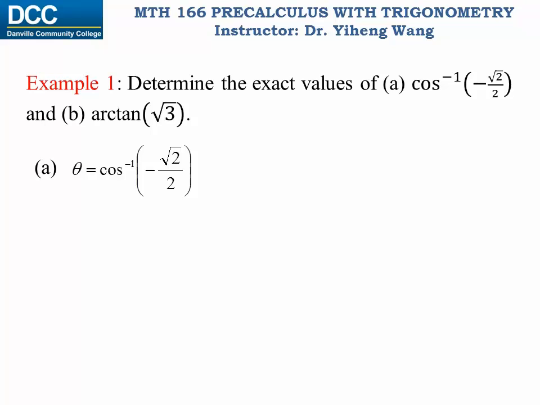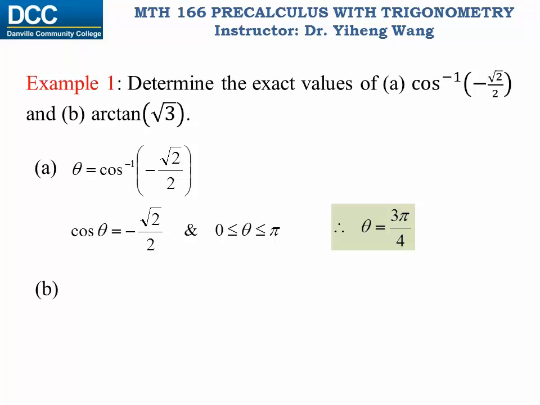What does that mean? It means that there are two conditions we must satisfy simultaneously. First, cosine theta must equal -√2/2. And secondly, this angle theta must be between 0 and pi. Therefore, there's only one angle that satisfies these two conditions, and that is 3/4 pi.